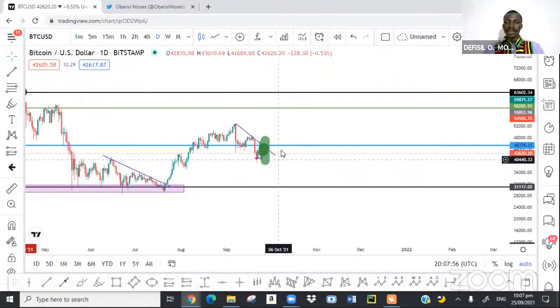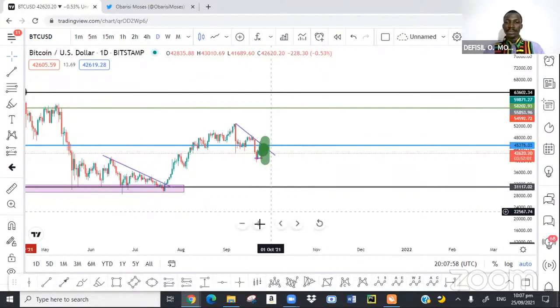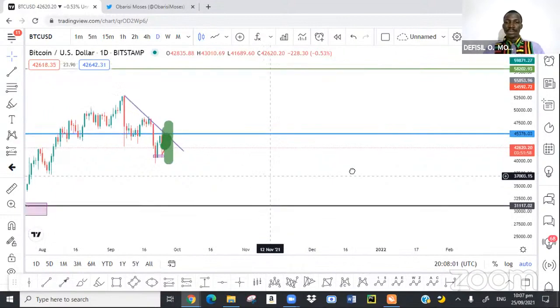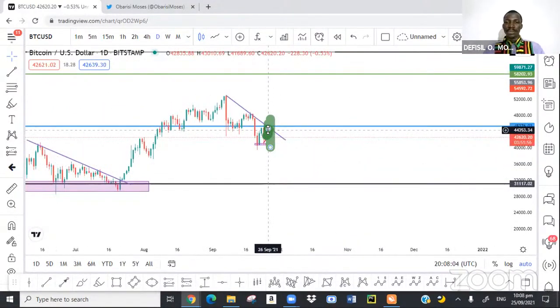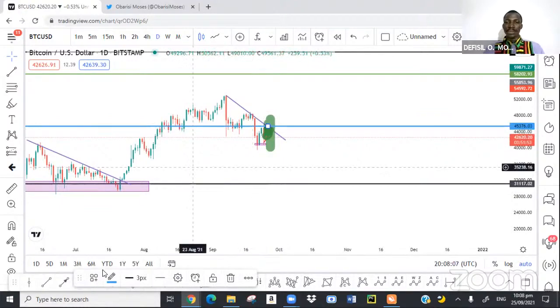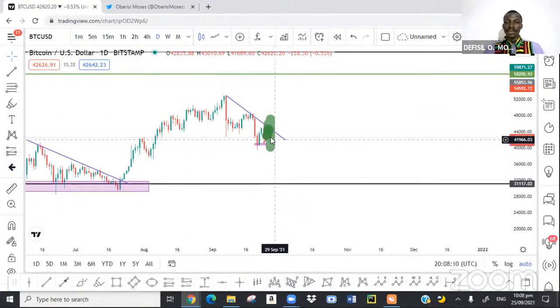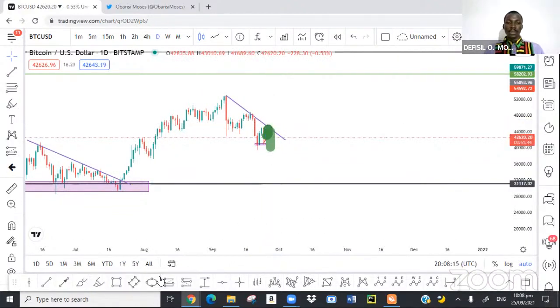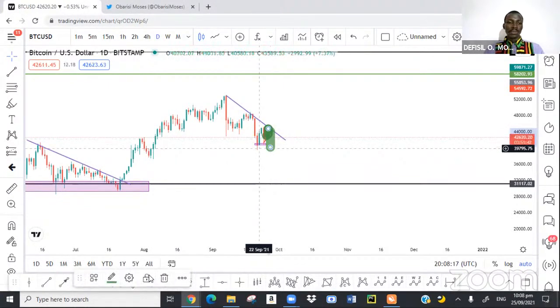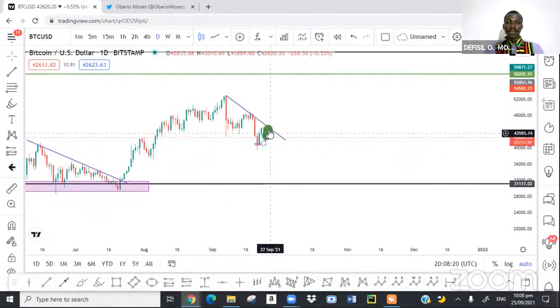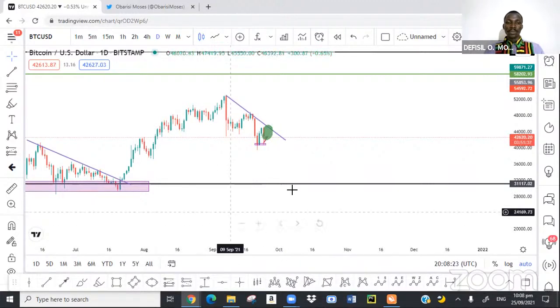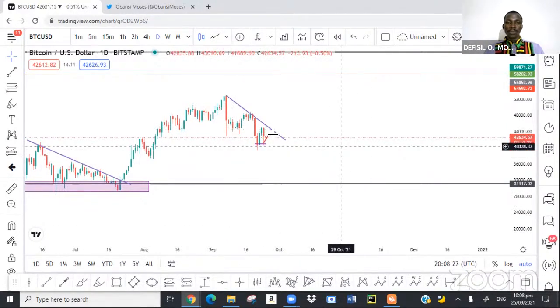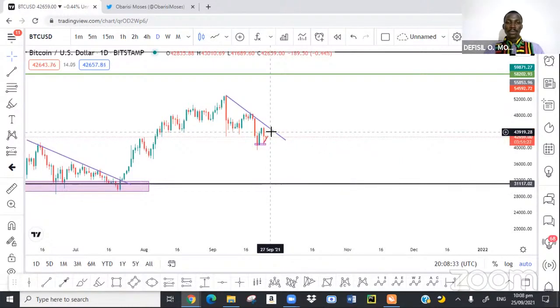So on the daily we're looking at, I said we'll consider, let me remove this element, waiting for the market to touch this area.